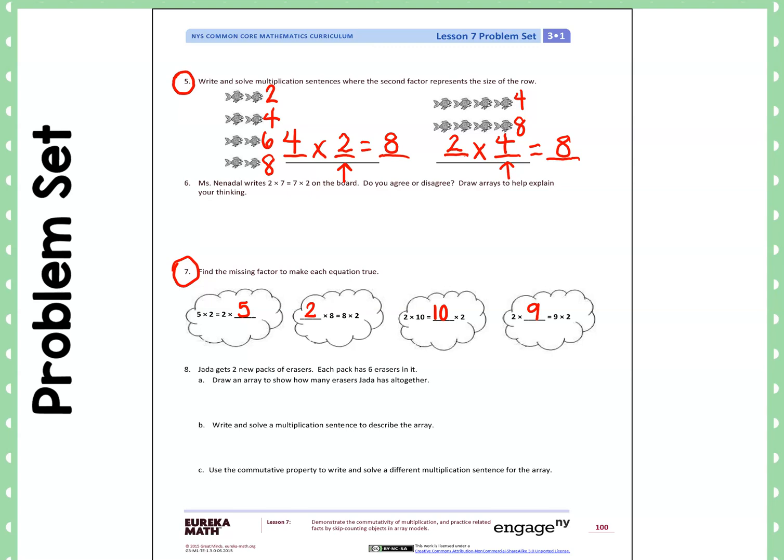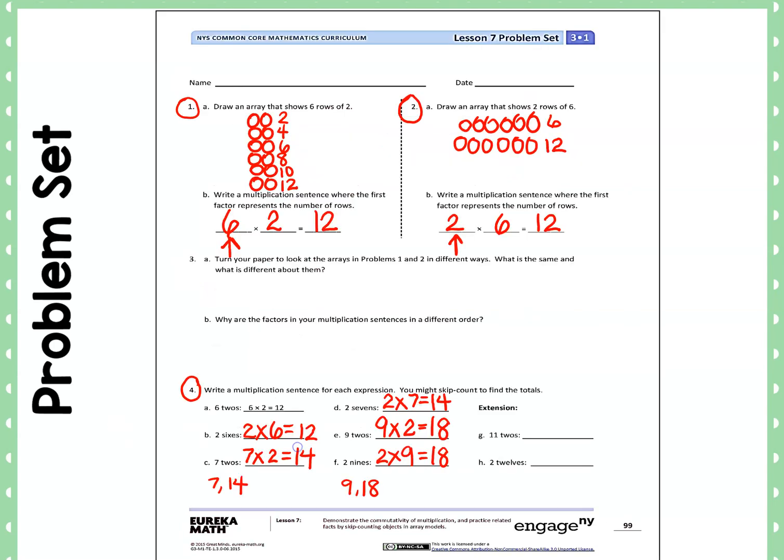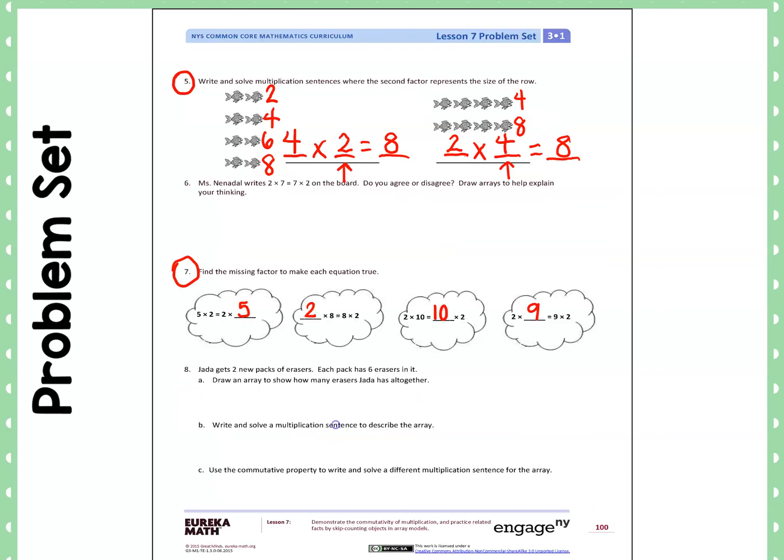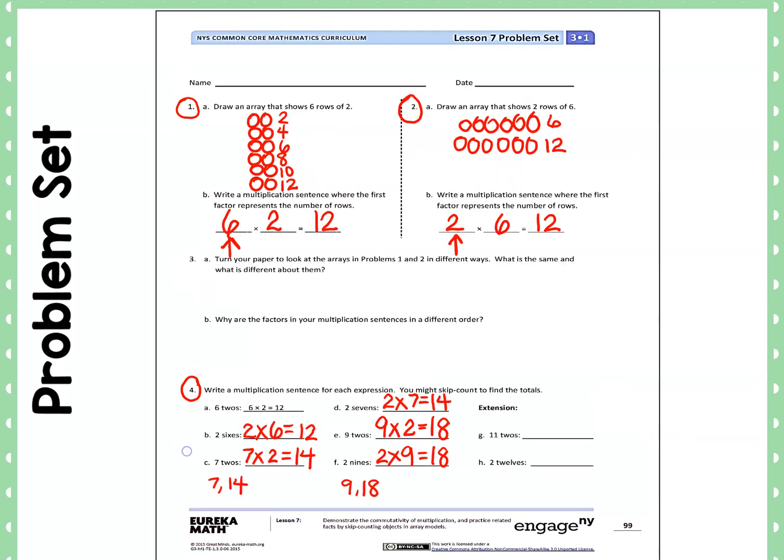All right, that's where we're going to go ahead and stop, friends. So on Seesaw, you will have an assignment, and it will be almost the exact same thing as what we just did on our problem set, but the numbers will be a little different. So on your homework page that I've assigned to you, you're going to do numbers 1, 2, so just like these two, it'll be almost the same thing.